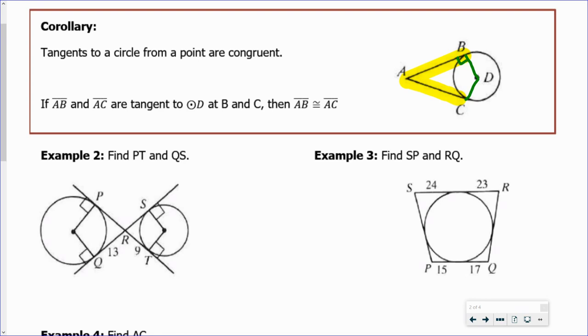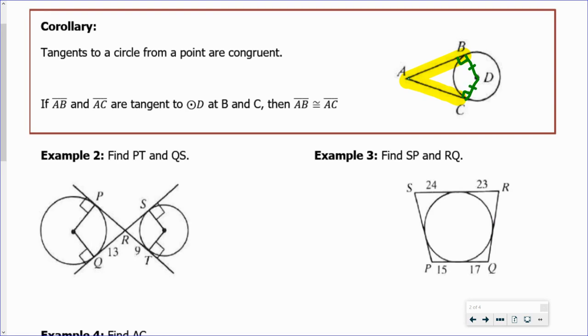And the same thing's true with the intersection of DC and AC. There's a right angle that's formed. And that's from the converse of the theorem that we talked about in the previous video. What we also know is that all the radii in a circle are congruent. So we know immediately that these two radii are congruent to each other.